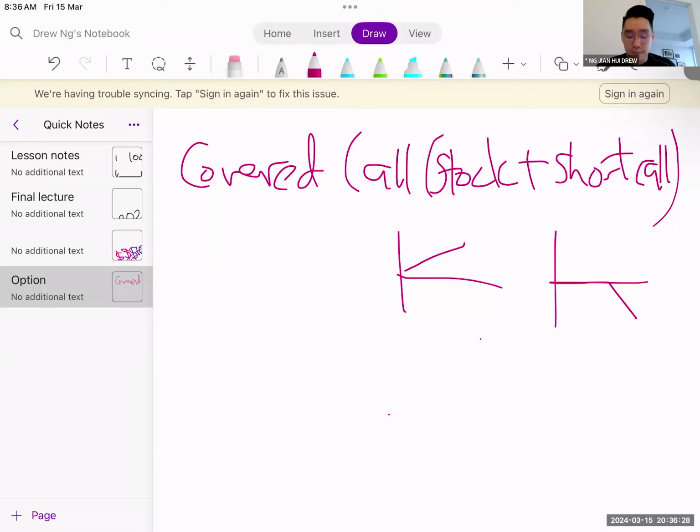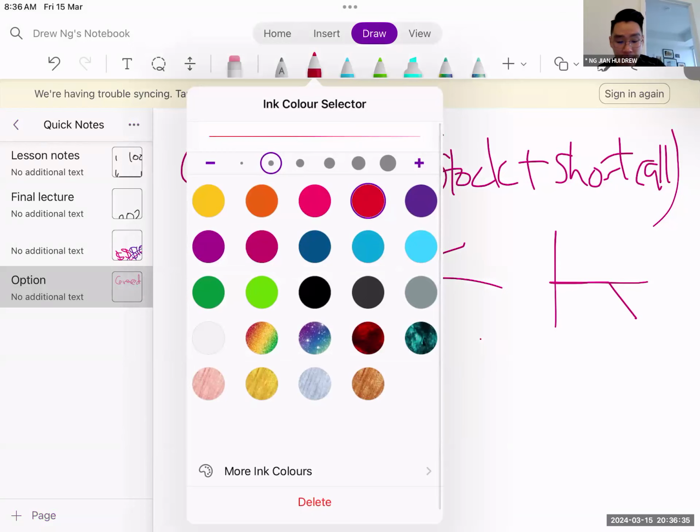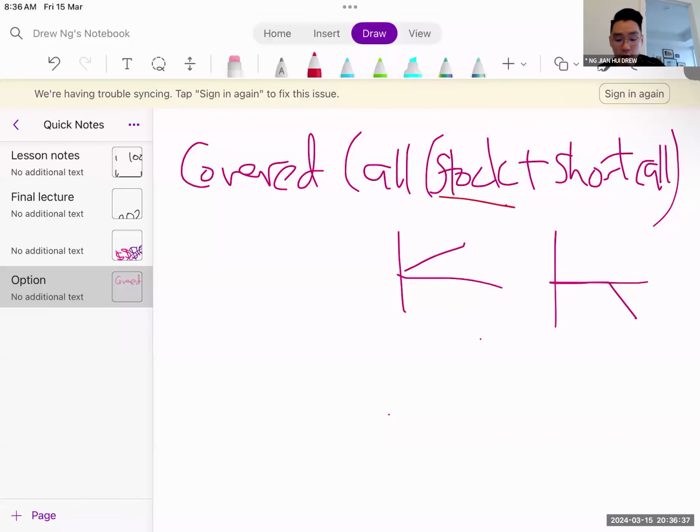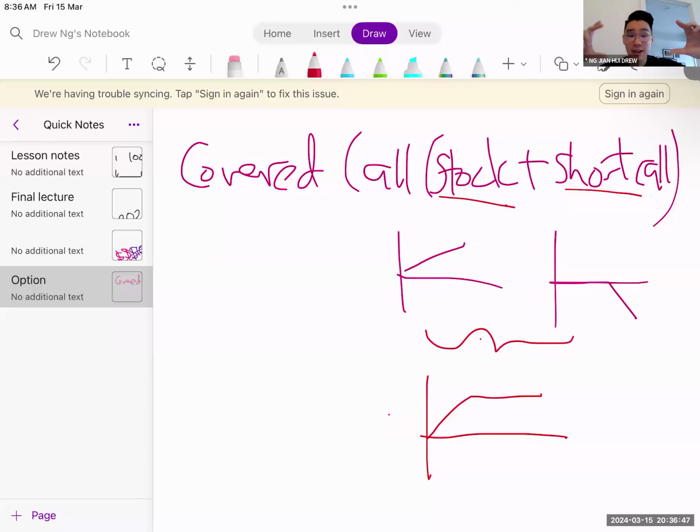So in a risk management approach, what we're trying to do is combine a stock with a short call position. The payoff that we're going to get here is like this. Can you see?